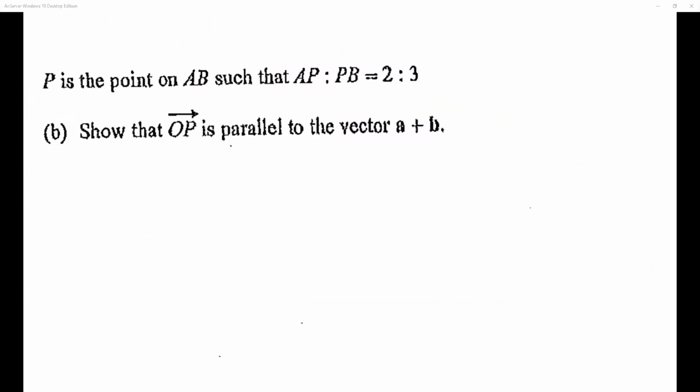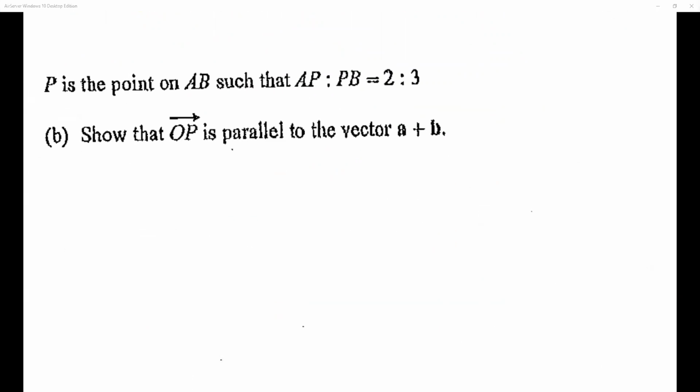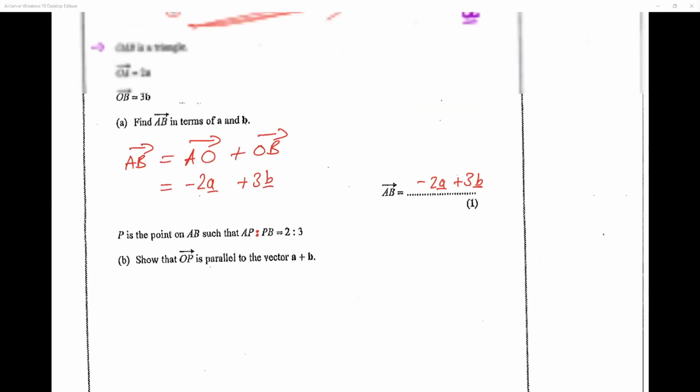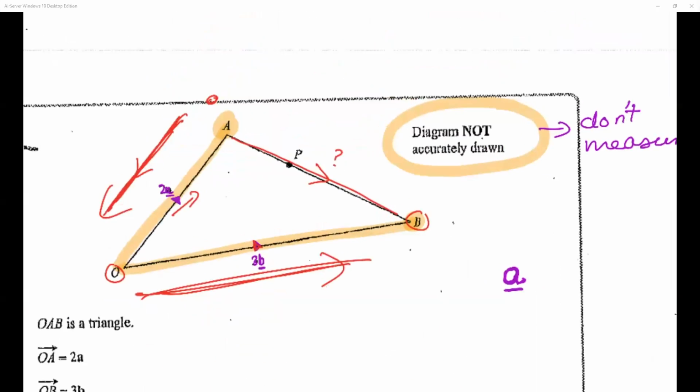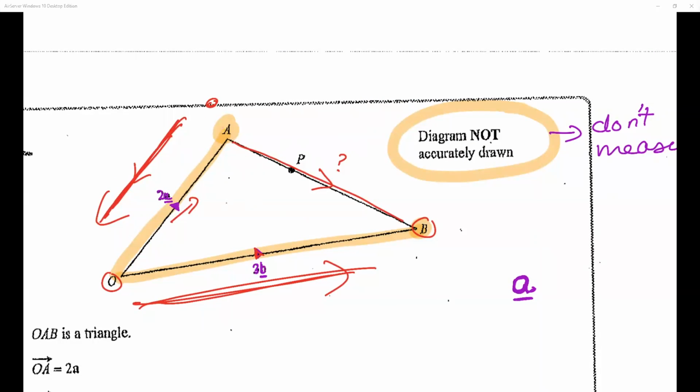P is a point on AB such that AP to PB equals 2 to 3. Show that OP is parallel to the vector a plus b. Okay, AP, PB. Let's have a look. Where's AP? So AP is this part, and then we have PB, which is that part.